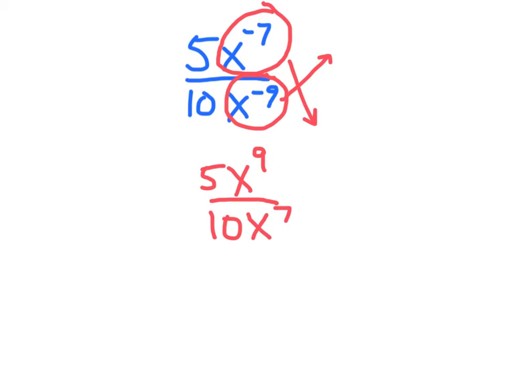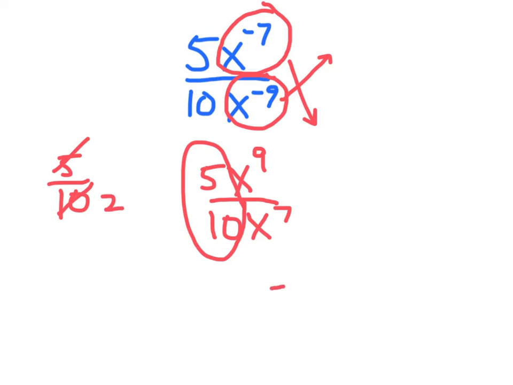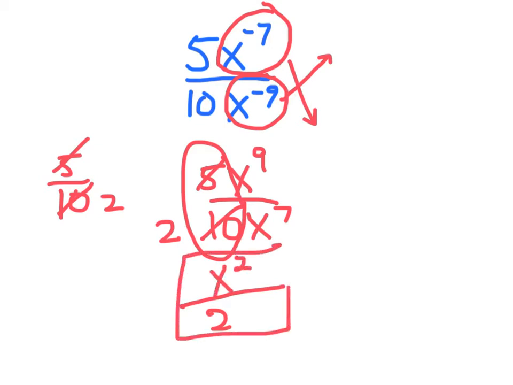Now, if I just look at these coefficients, 5 over 10 reduces to 1 over 2. So there's a 2 on bottom. But for the x's in the exponents, I have 9 x's on top, 7 x's on bottom. So I really have 2 more x's on top. And I have my final answer.